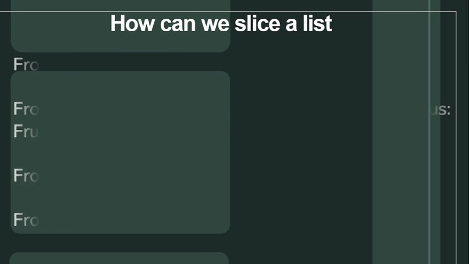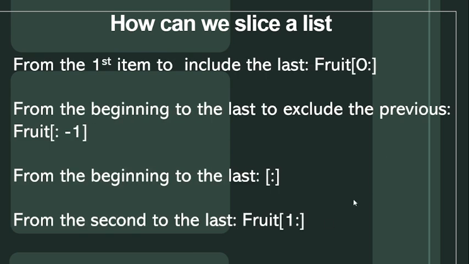So we continue with the list now. Let's look at the other stuff here. From the first item to include the last item, this is another way of writing it. You start from position 0, and if you don't put anything at the end, it means from 0 to the end. To exclude the last element, any element you put after the colon, you are excluding the last element.